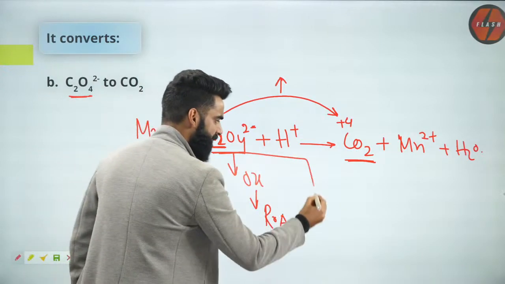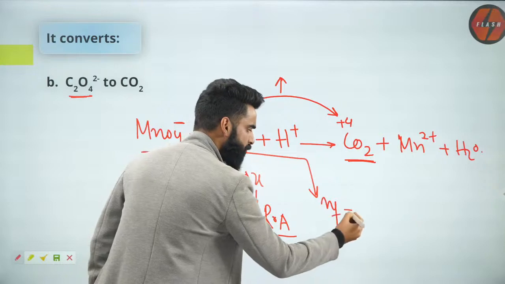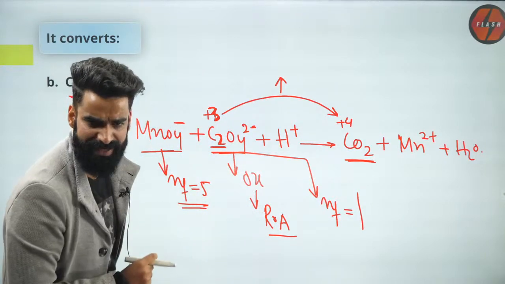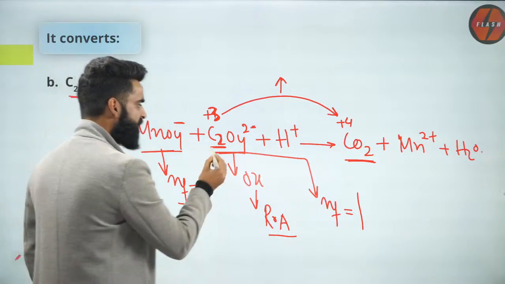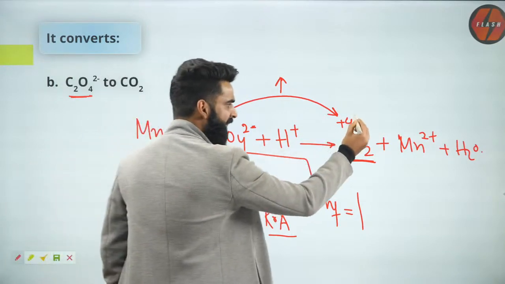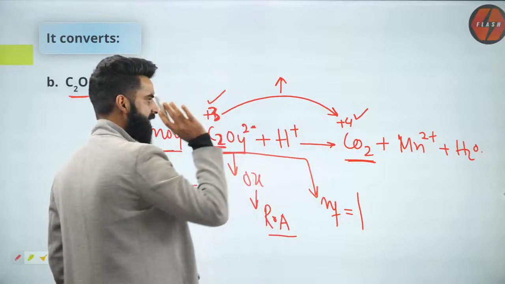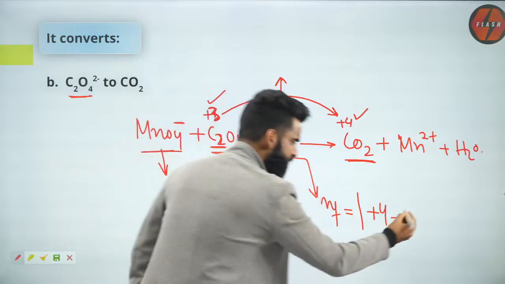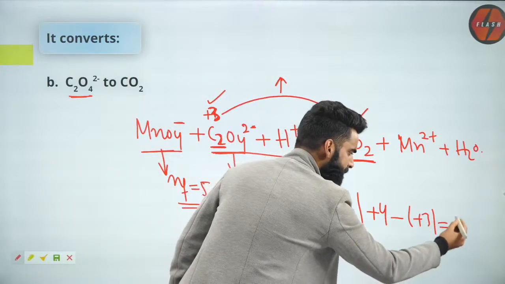Now calculate its N factor. A lot of people are saying 3, a lot of people are saying 2. Have a look. N factor of this oxalate ion: this is the final oxidation state of carbon, this is the initial oxidation state of carbon. Final oxidation state of carbon minus initial oxidation state of carbon, the value will come as 1.